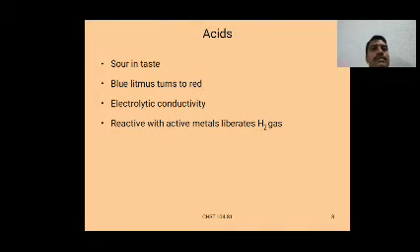These acids are sour to taste, and they turn blue litmus red. They contain ions like H plus ions in aqueous solution, so these compounds act as electrolytic conductors. They react with active metals and liberate hydrogen gas.